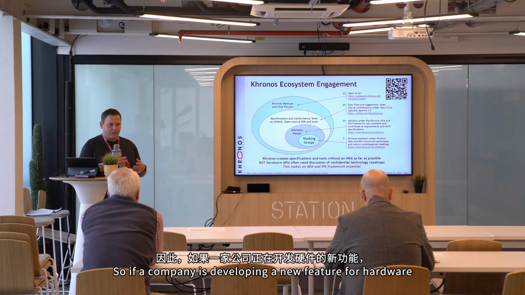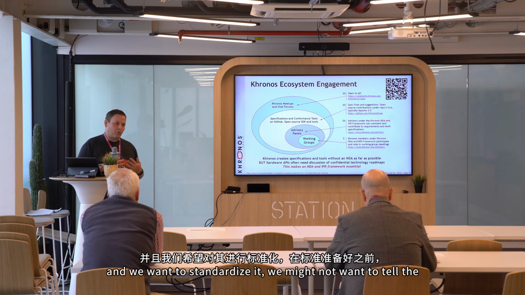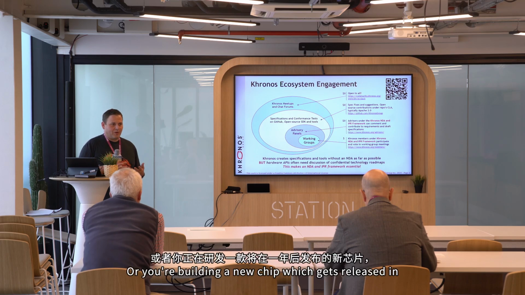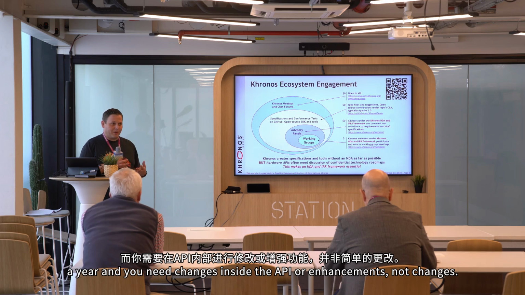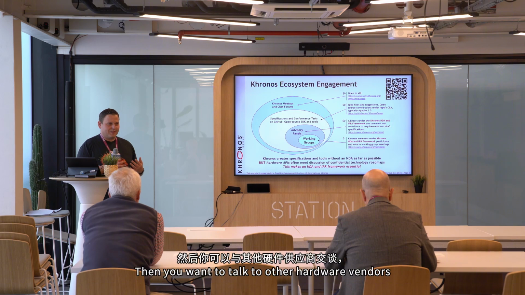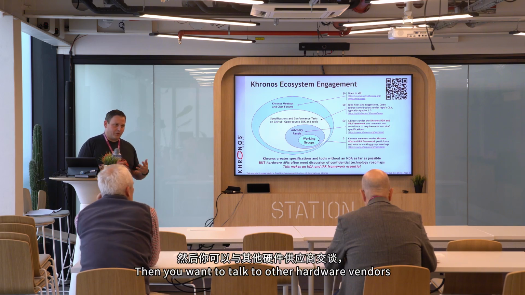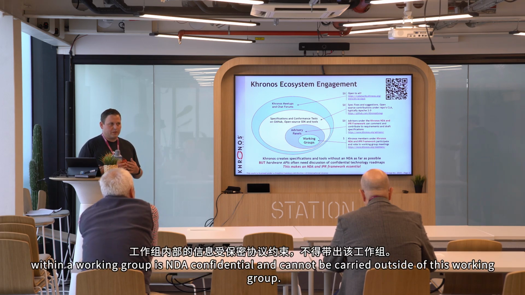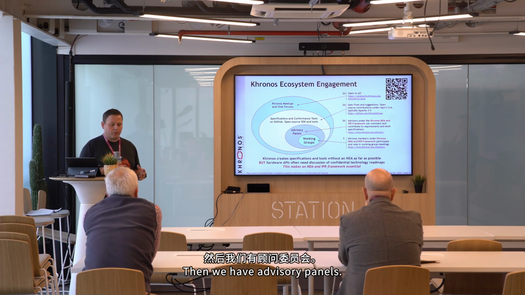So if a company is developing a new feature for hardware and we want to standardize it, we might not want to tell the whole world until the standard is ready, or you're building a new chip which gets released in a year and you need changes inside the API or enhancement, not changes, everything is stable. Then you want to talk to other hardware vendors if they have interest in implementing the same changes. So everything within a working group is NDA confidential and cannot be carried outside of this working group.